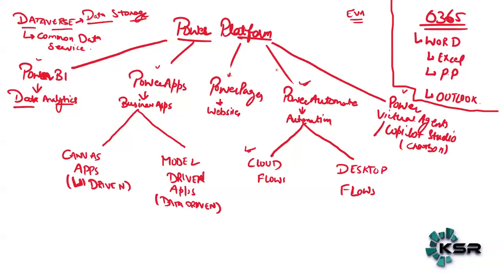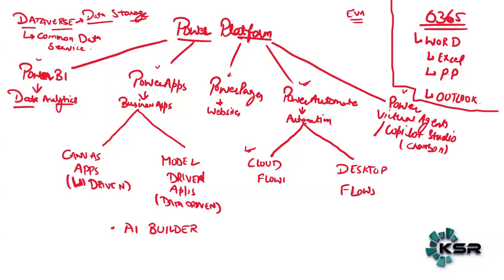Okay. So this is the entire thing of Power Platform. Apart from that, it has some add-on services also. You can use AI capabilities in Power Platform using AI Builder. It will have AI models which you can integrate in Power Apps and Power Automate to leverage the capabilities of AI.